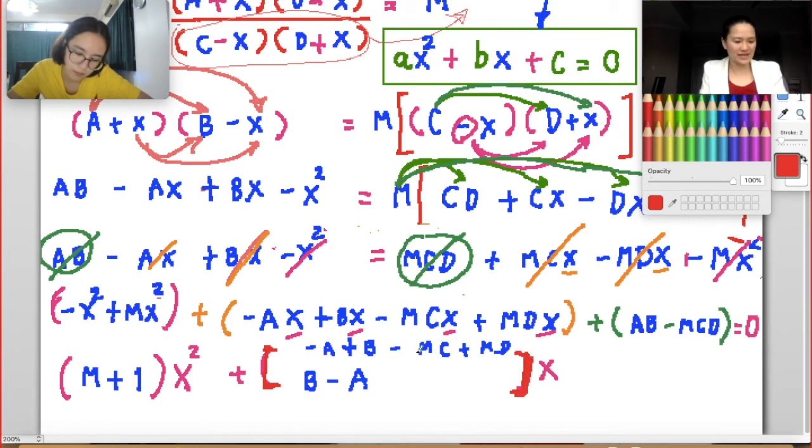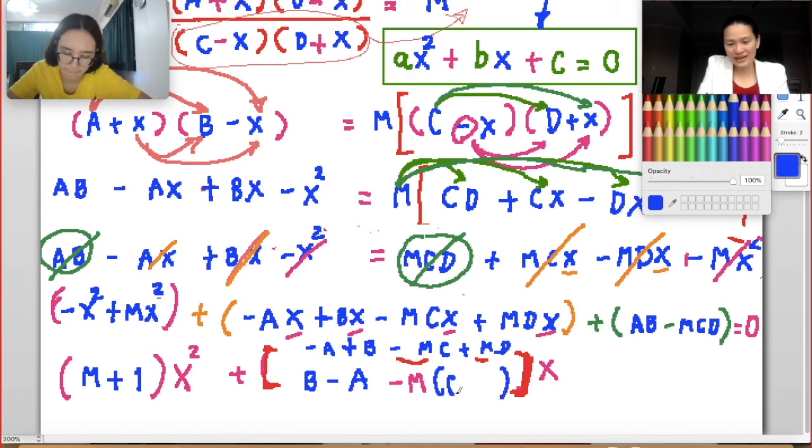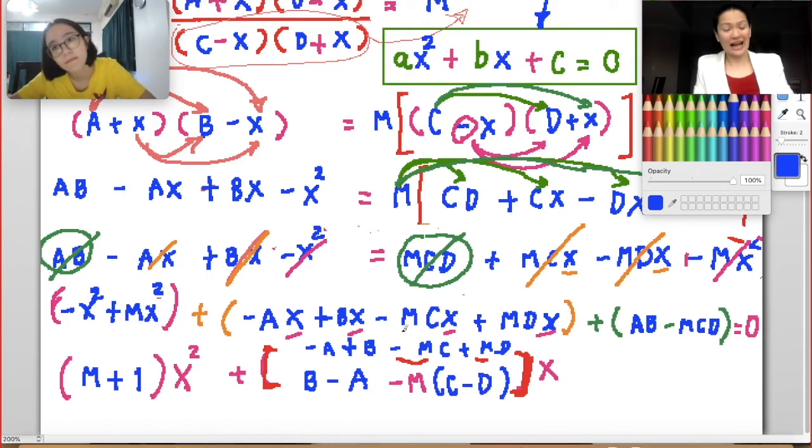Inside here, I saw that it's mc plus md. I would like to put negative m outside of this bracket. So it's going to be negative m, and in the small bracket here it turns to be c minus d. You okay about that? I just take negative out of the bracket.